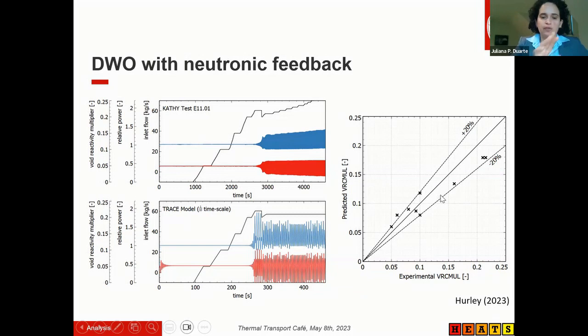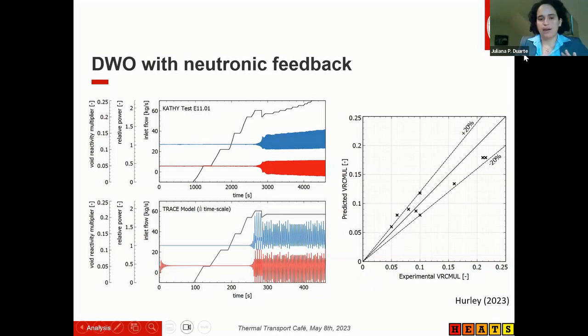When you do that for the conditions of the experiment, that include different fuel thermal inertia, different pressure and inlet subcooling of the coolant, TRACE was able to predict, and you can see on the right side, the experimental void reactivity multiplier that led to the instability versus the predicted void reactivity multiplier in TRACE for the same conditions for these few data points that we have here.